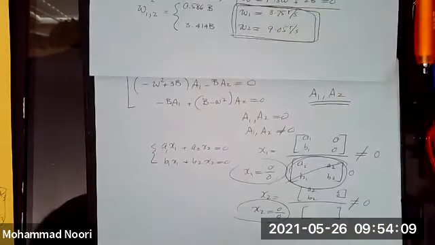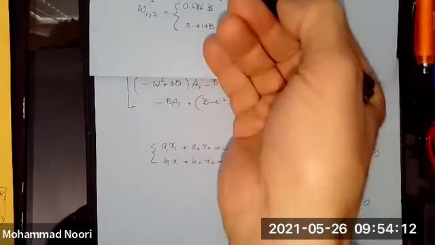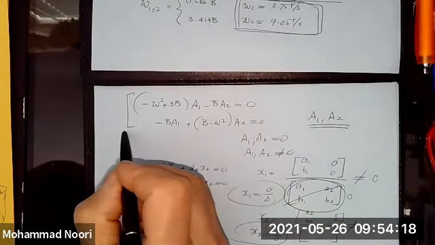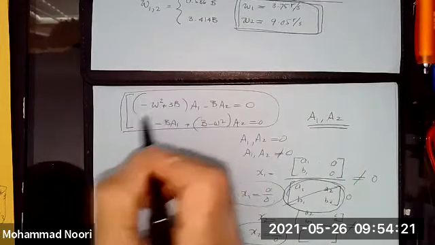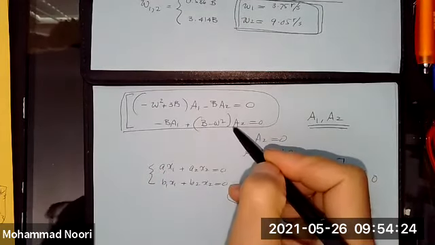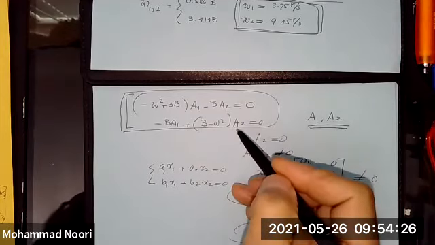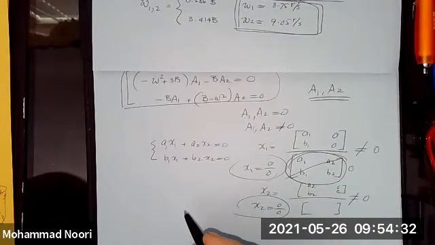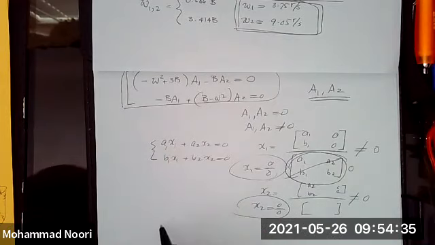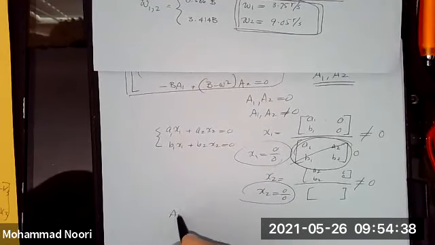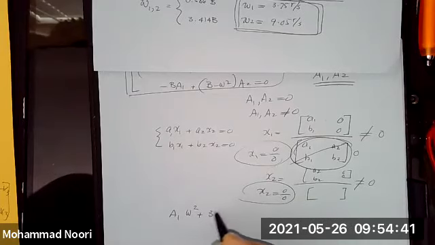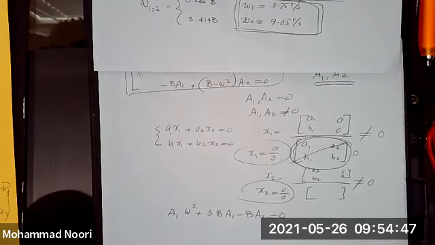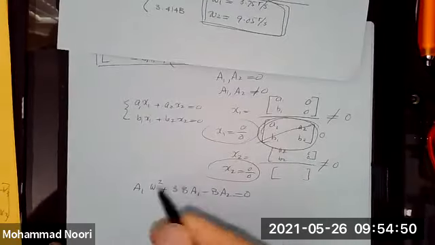So in this case, that's what we did. The determinant of the coefficients was 0, and we set that and we found the omegas. Now, for this, these two are not independent, so you cannot solve for them. You can only solve for the ratio of these. That means I can only consider one of these equations. So I will only consider, say, the first one, which is a1 omega squared plus 3b a1 minus b a2 is equal to 0, and divide that by the other variable.